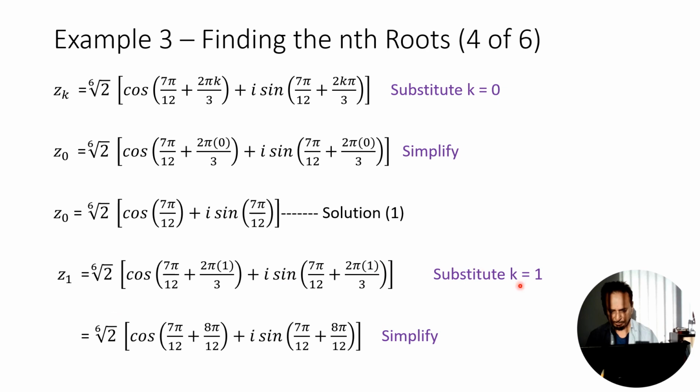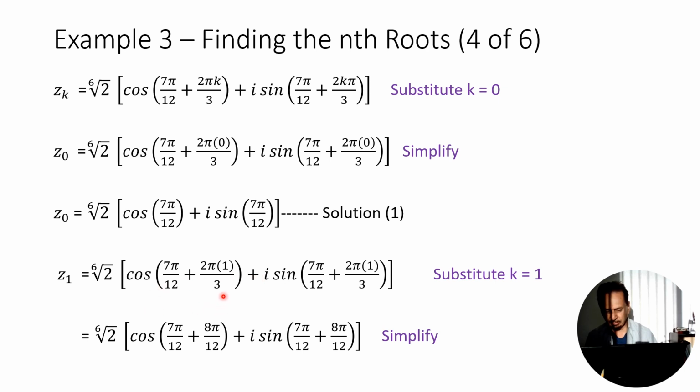Now substitute k equals 1 in this formula z sub k. So this becomes z sub 1 equals sixth root of 2 times cosine of 7 pi over 12 plus 2 pi times 1 over 3, plus i times sine of 7 pi over 12 plus 2 pi times 1 over 3. Now we simplify.